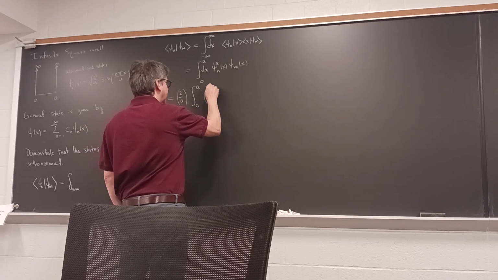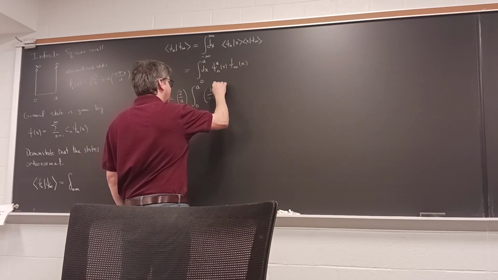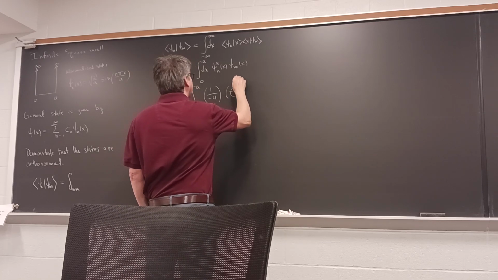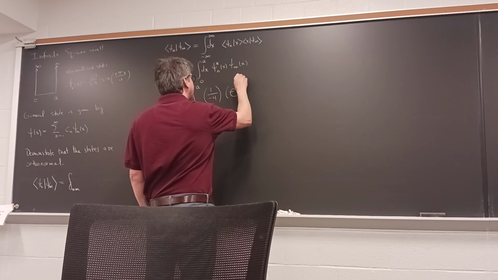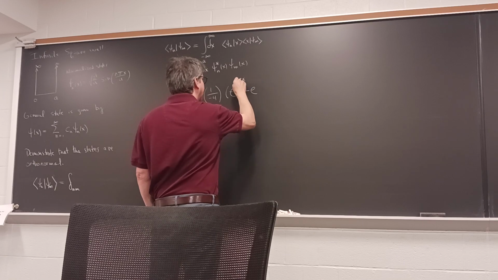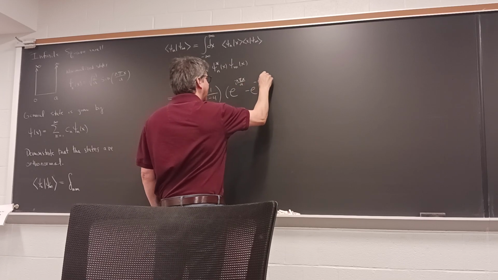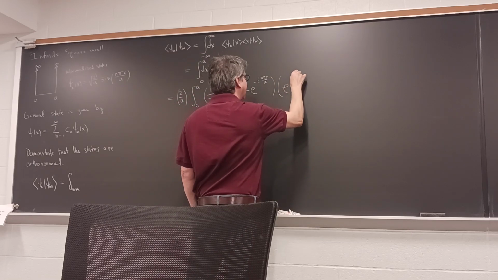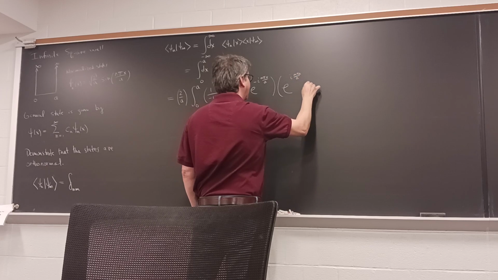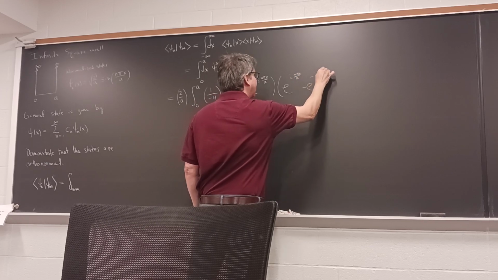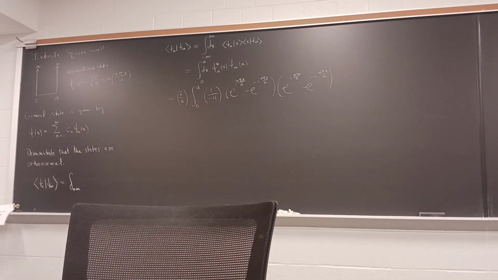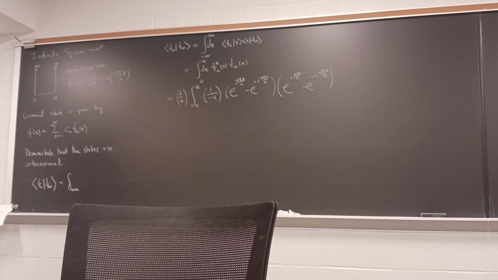So we'll have 1 over minus 4 times e to the i n pi x over a minus e to the minus i n pi x over a, times e to the i m pi x over a minus e to the minus i m pi x over a. The minus 4 just comes from the 1 over 2i from each factor of the sine.